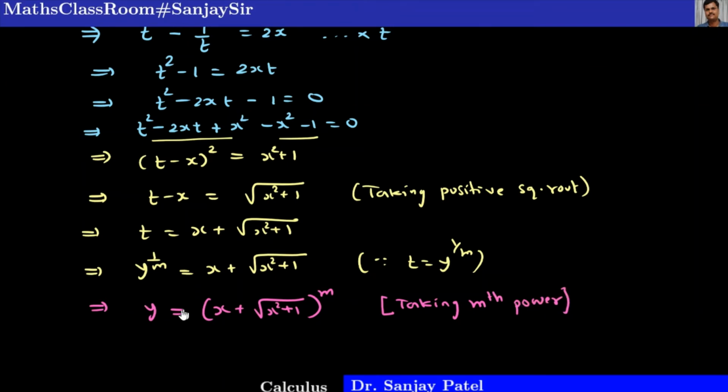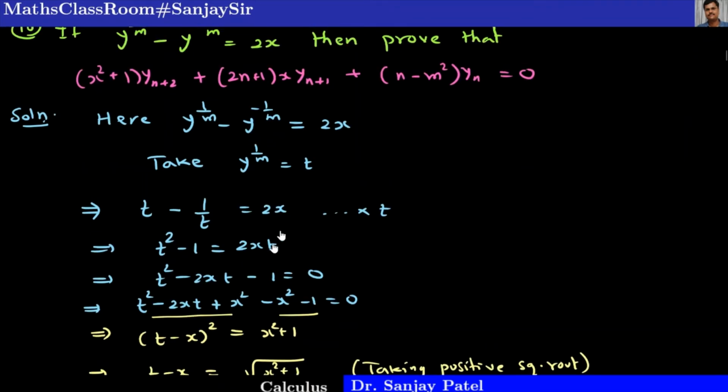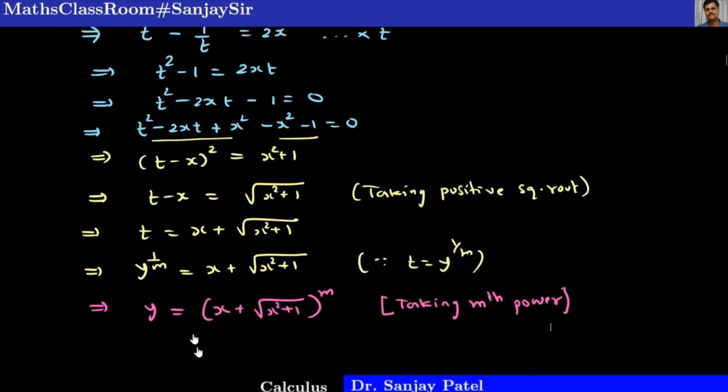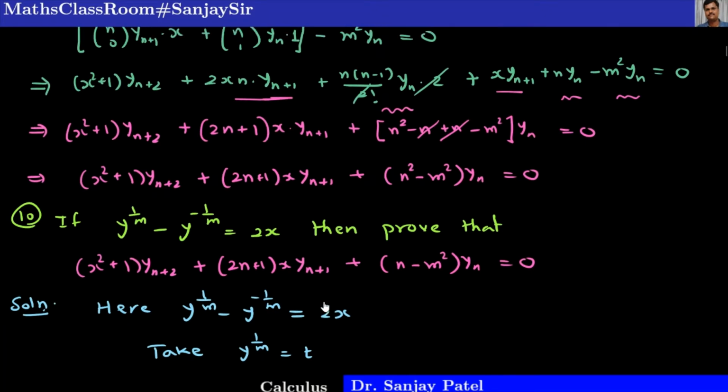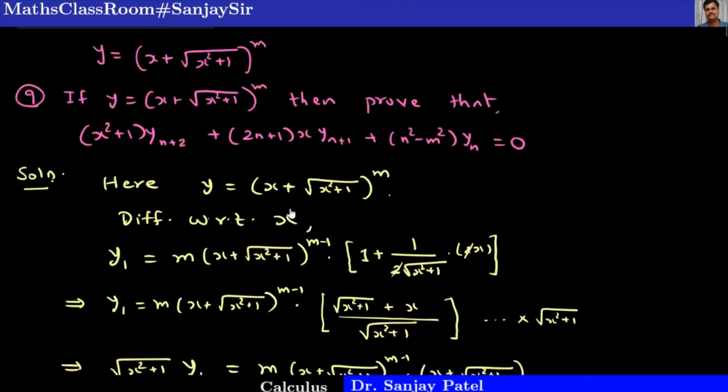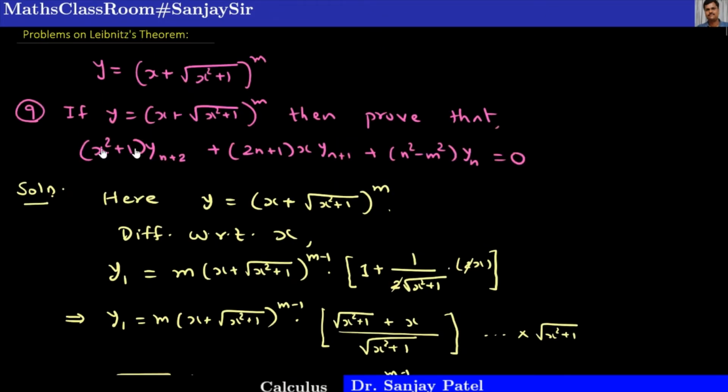And now the given function in this problem reduces to y is equal to x plus square root of x square plus 1 raised to m. So you can just write down the same solution. See, it is the same function as in problem number 9. So we can prove the same result.